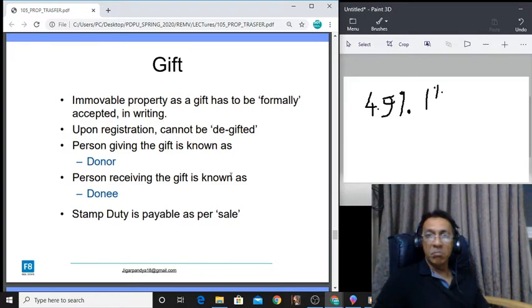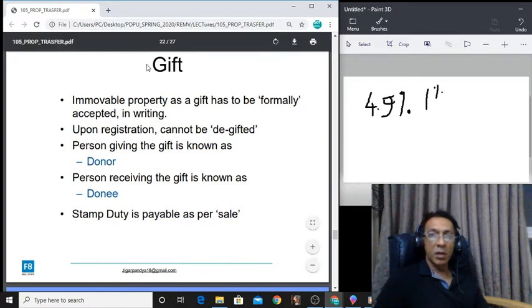And so, in those situations, the person may consider giving it as a gift. But again, just like a vendor or a vendee, in this case, you have a donor and a donee, the two parties in this transaction as a gift.